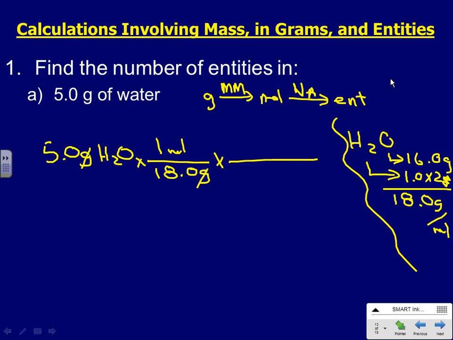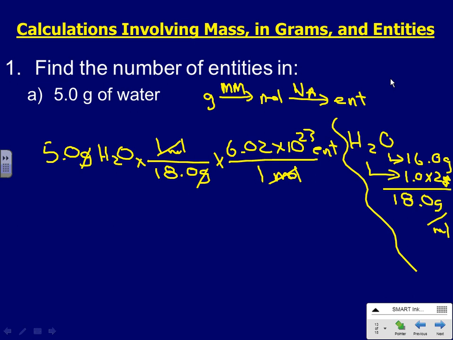I've got it on a chart over there. What's going where in order to get me to entities of water? Yep, Brody. That'll do it.